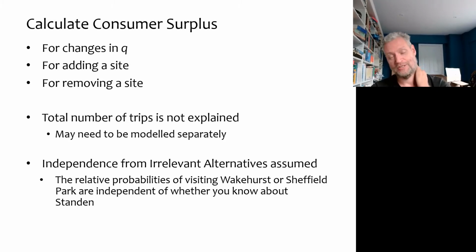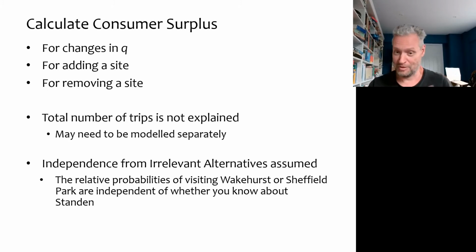Another important thing to note about this particular specification is that we assume independence from irrelevant alternatives. So to give a local example, the relative probabilities of visiting Wakehurst or Sheffield, two gardens near Brighton, are independent whether or not the people who make the choice know about the existence of Standen, another major garden near Brighton.